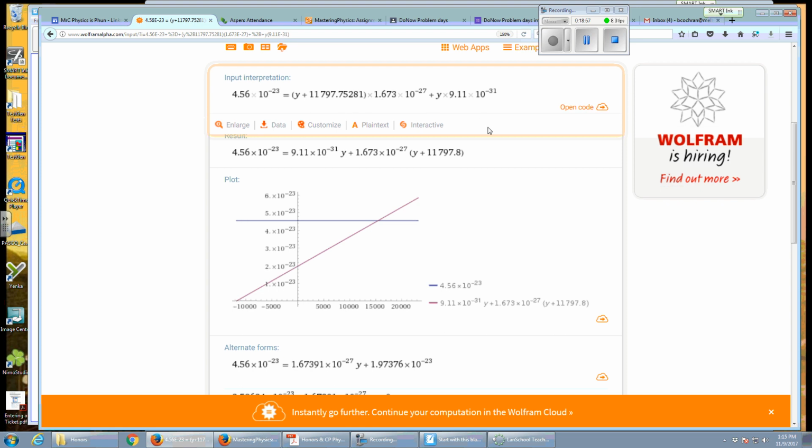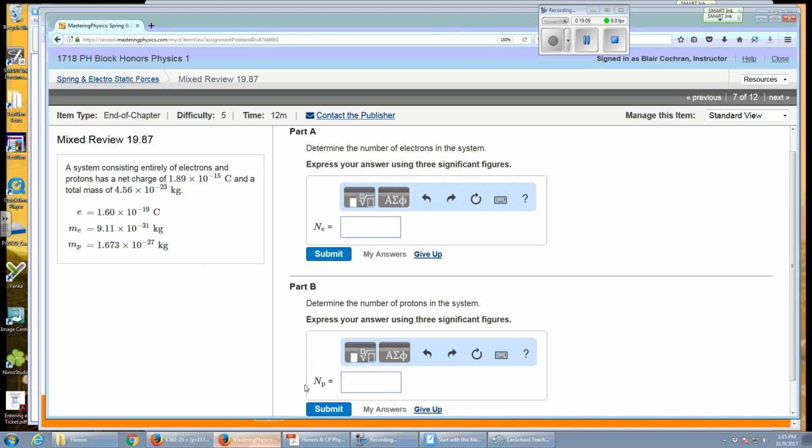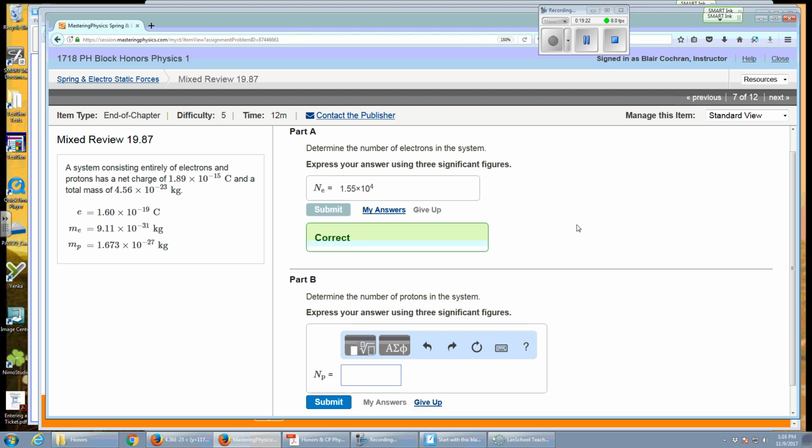So my number of electrons is 15,450. Let's see if that works. That's my number of electrons. Yep.